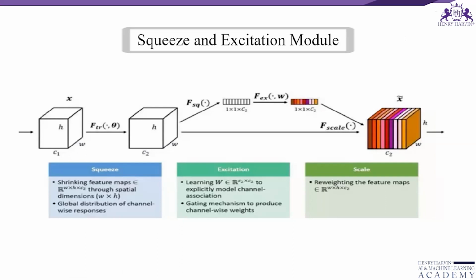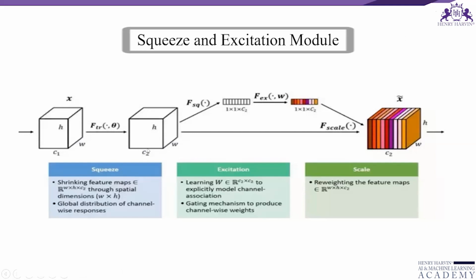Say for example you have a volume with height and width, and then the squeeze operation. In the squeeze operation, they bring down the feature maps through spatial dimensions through a 1 cross 1 convolution. Once you have C2, which is less than C1, it learns C2 weights, one for each channel, and then these get multiplied with the feature maps to the final output.